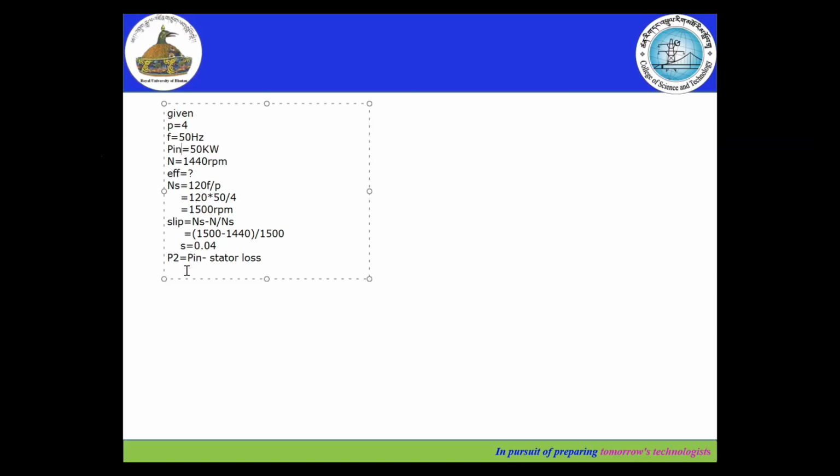PE is equal to 50 kilowatt minus stator loss, which is 1000 watt.